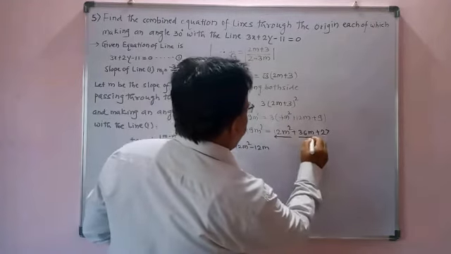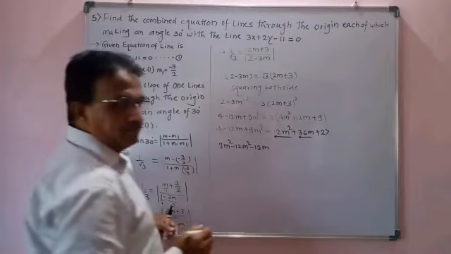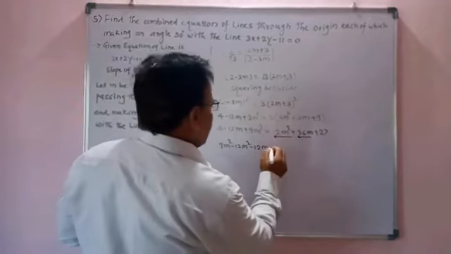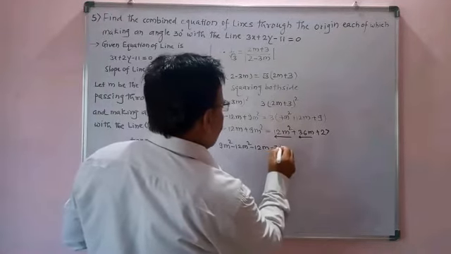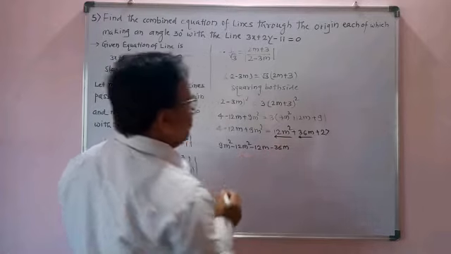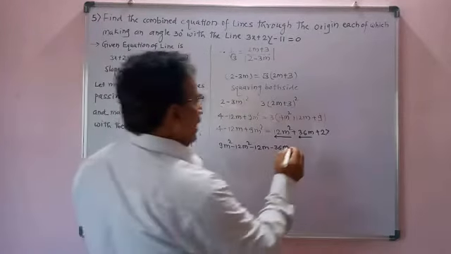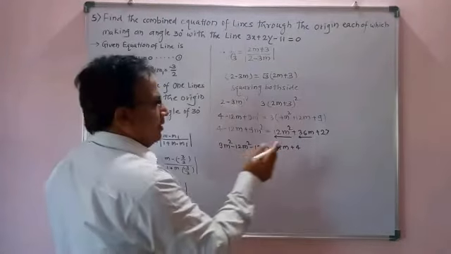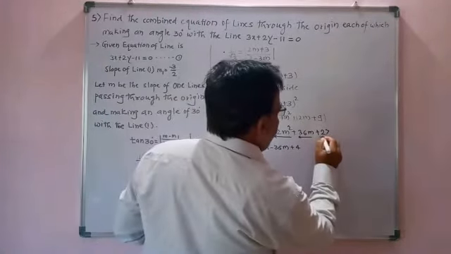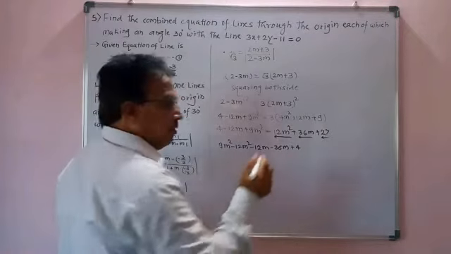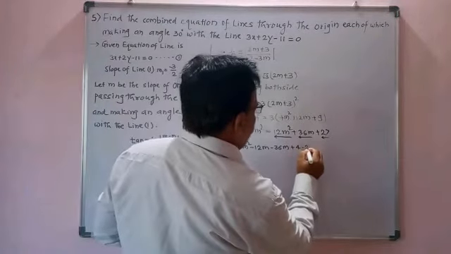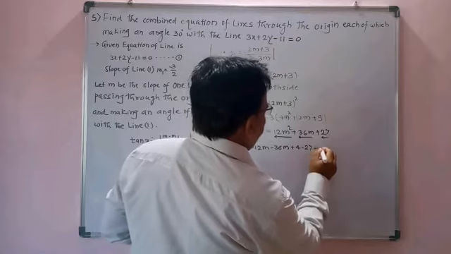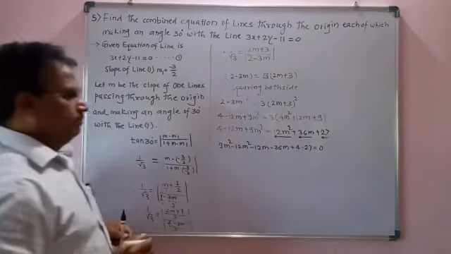This 36m transposes on left side, plus 36 is minus 36m. Plus 4 as it is.